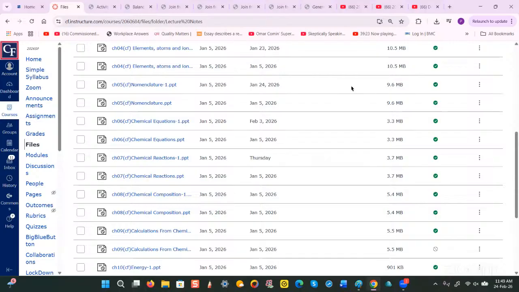Then you have to make sure that the charges cancel out, and the way you do that is you multiply this by 2 and this by 3, and then you put it together, it becomes Al2O3. You don't have to memorize it, because that's given in the table, which you will have during your test. So you have to make sure you consult that table, right?